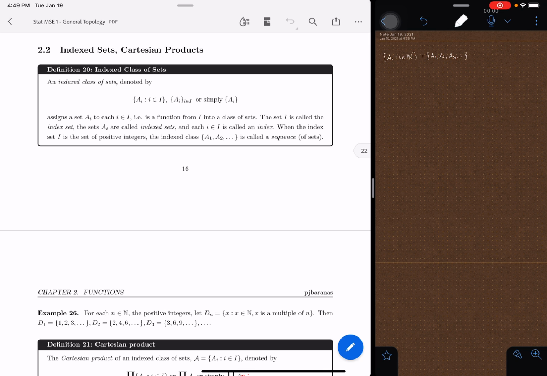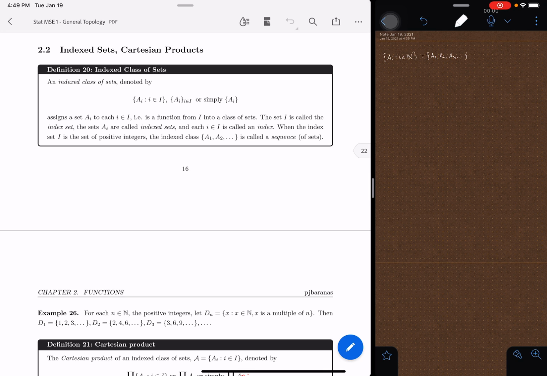Okay, so an indexed class of sets assigns a set A sub i to each small i in the set capital I. The set I is called the index set, the sets A sub i are called indexed sets, and each i in capital I is called an index.